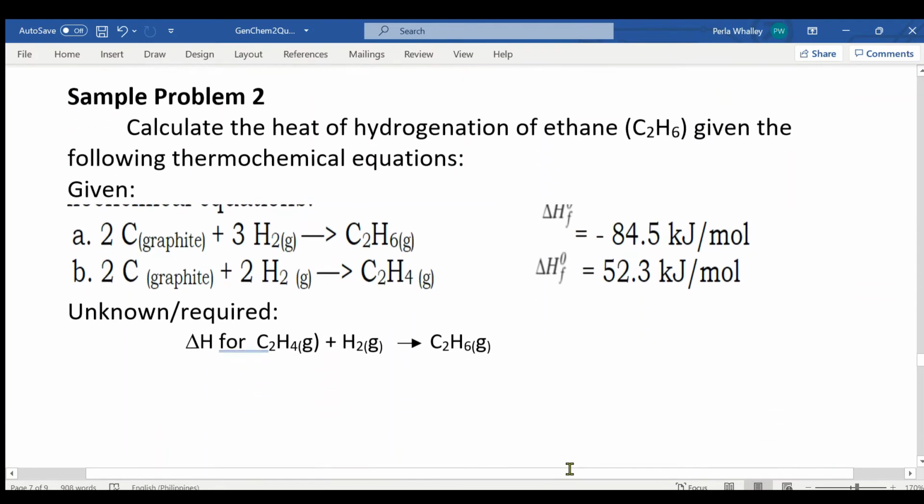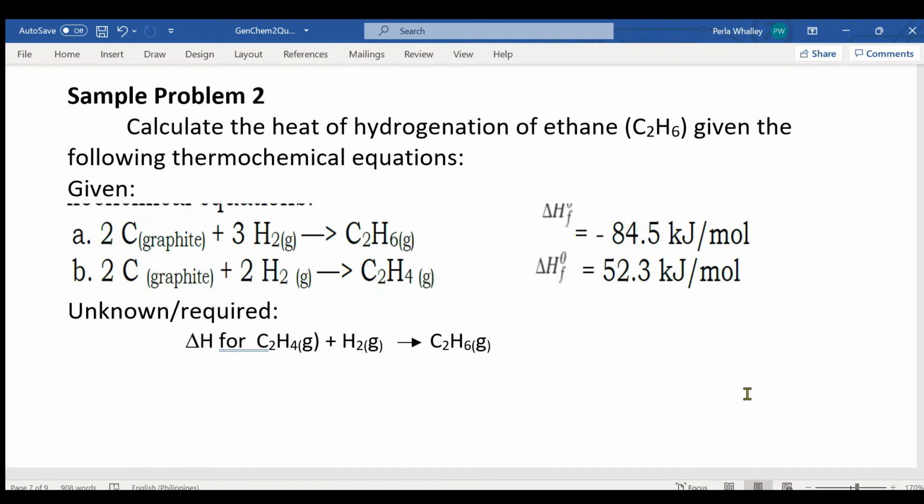Let's go to problem number 2. Calculate the heat of hydrogenation of ethane given the following thermochemical equations. Letter A: 2 moles of graphite or carbon plus 3 moles of hydrogen gas forms 1 mole of ethane.